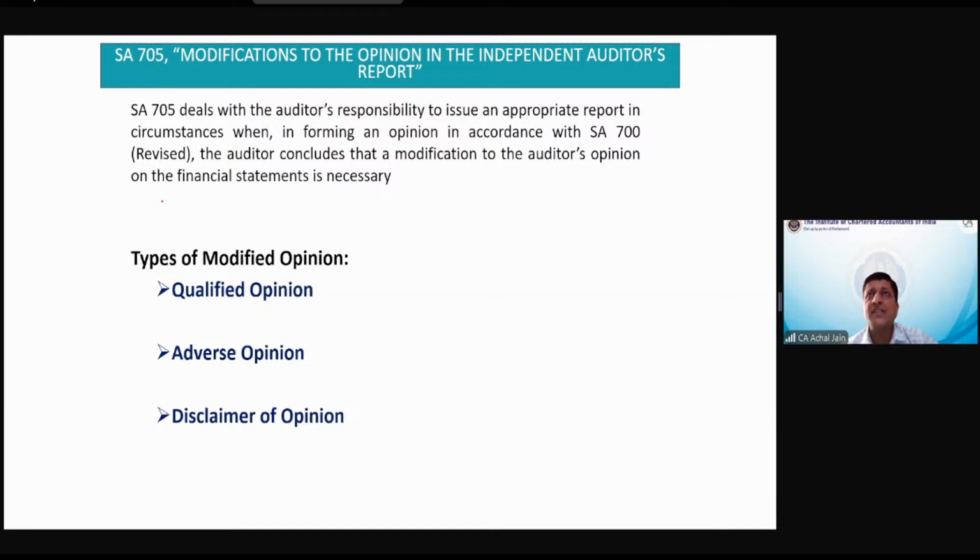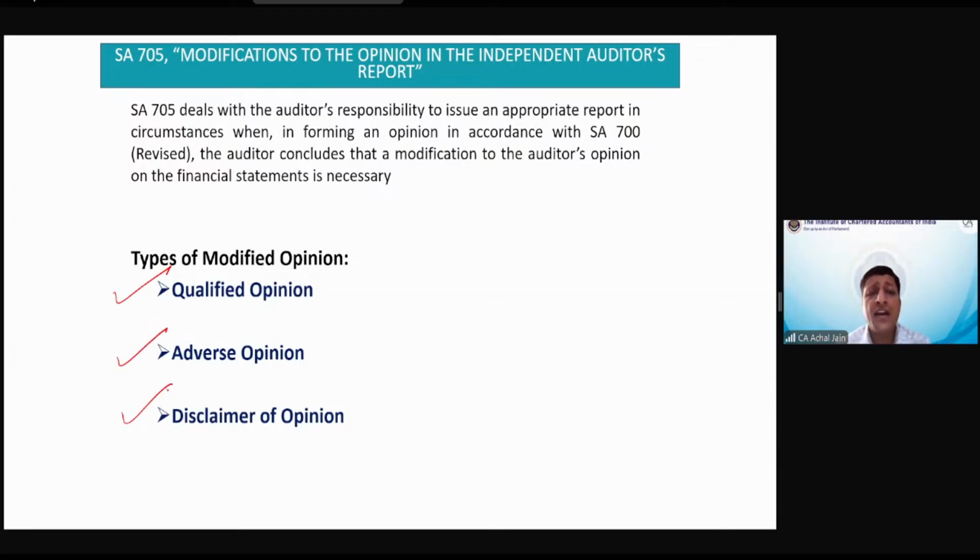You will call it by the type of modification which will be included there. Means you need to be specific, because to say that the report is modified or the opinion is modified is a generic term. What is specific is the types of modification.